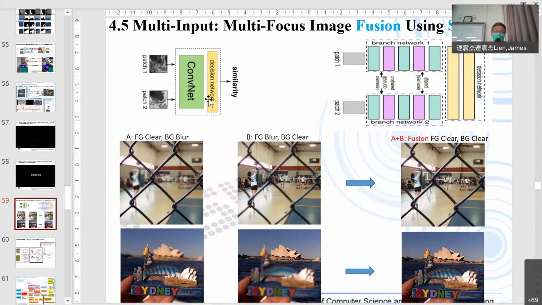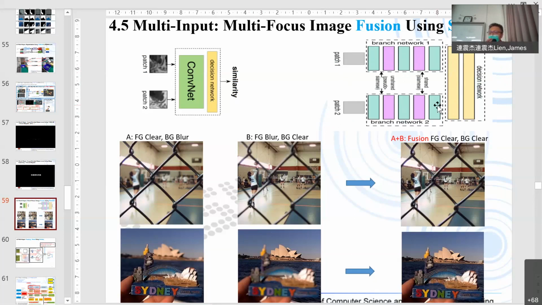Okay, so back to here. How can we do that? For each patch, not the whole image, each patch we input here, and this can be VGG16. It doesn't need to be too complicated. We use VGG16, output feature maps, concatenate the feature maps, and output a clear image. This is simple.